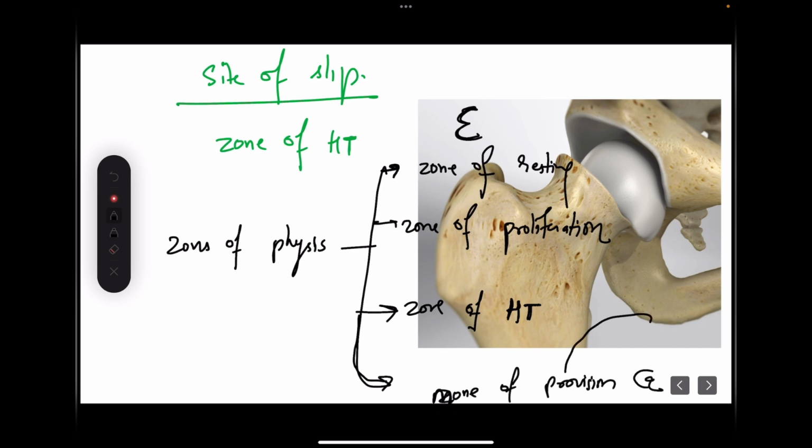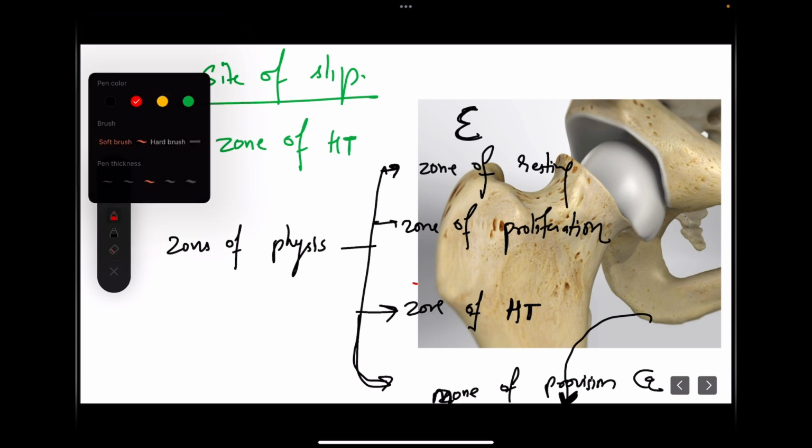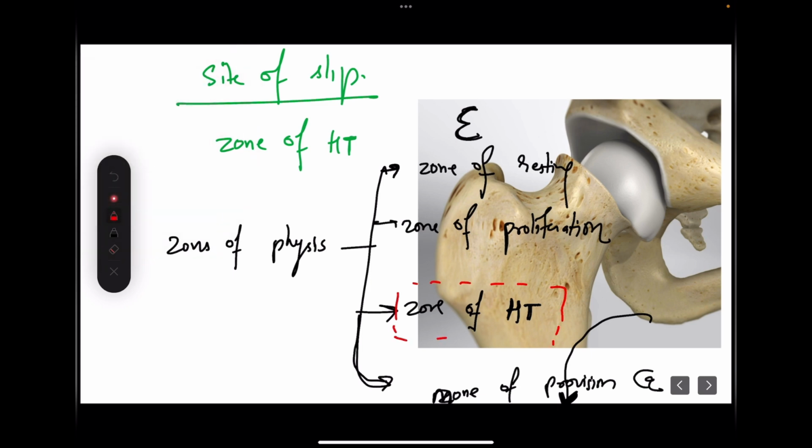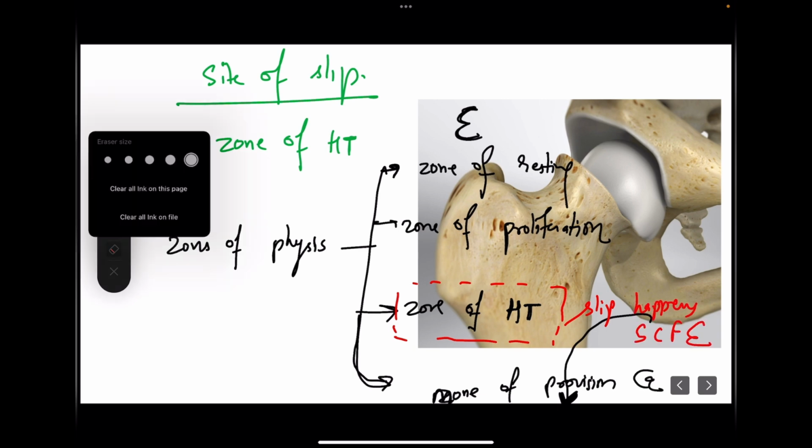Once they have calcified, they go toward the metaphysis and mature bone forms. So in which zone is the slip happening? This is the zone of hypertrophy where the slip happens in SCFE. Okay.